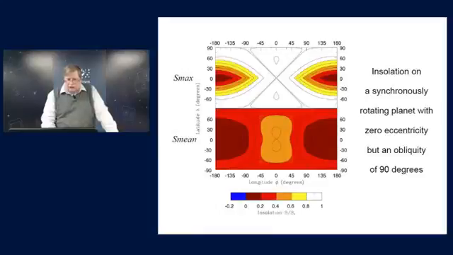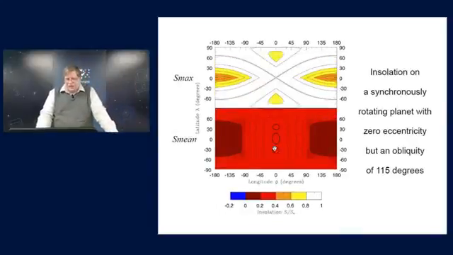Also notice that the mean insolation here near the subsolar point has now split into 2 peaks instead of 1. Pressing on to 115 degrees, if we go retrograde now, just to see what happens, the subsolar ground track wraps around the planet, and the peak of the mean insolation has now split into 3 peaks at the center here.